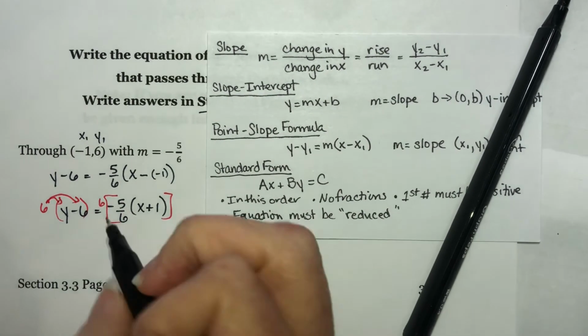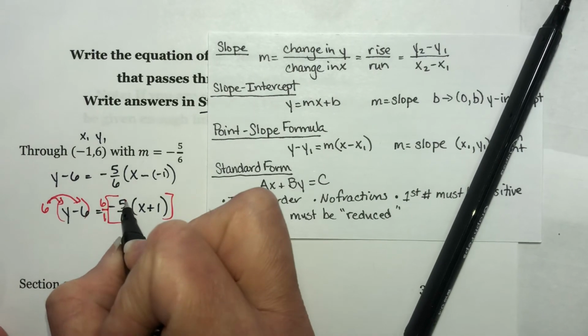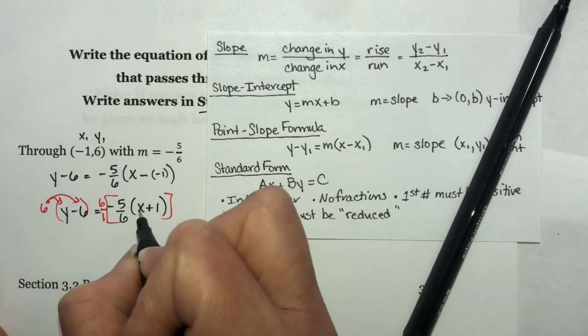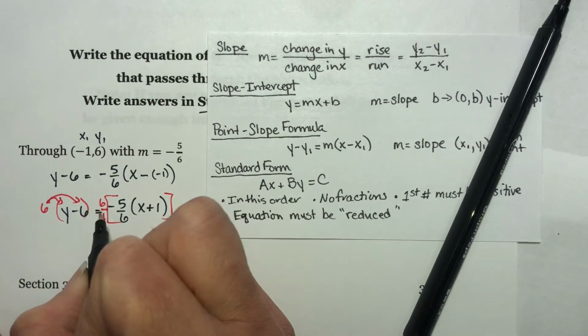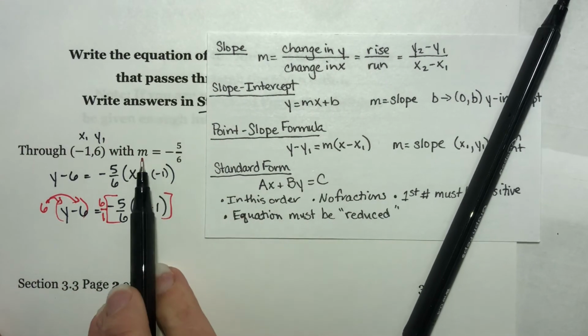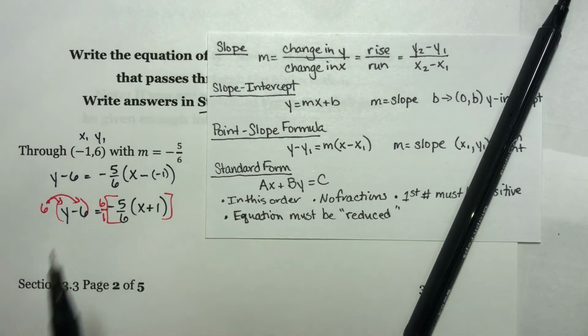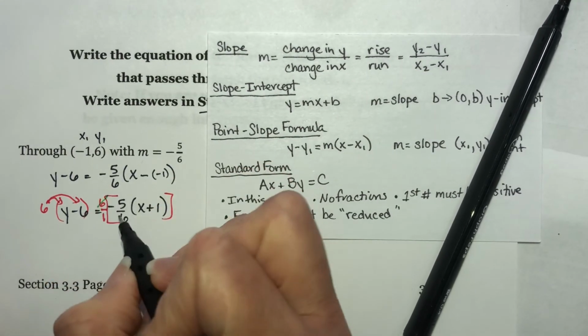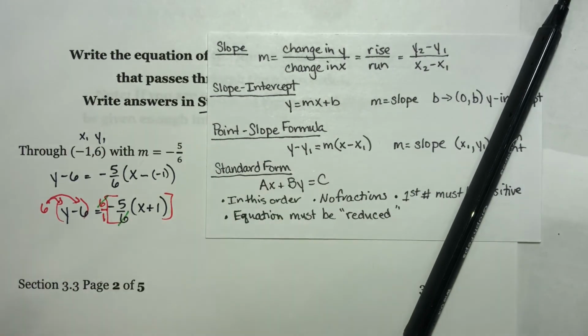This is 6/1 times -5/6 times x plus 1. This is 3 things multiplied together. It's just that last one's a little bit more complex. So what happens here is that that 6 cancels with that 6.